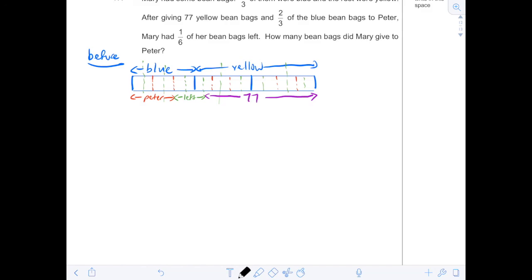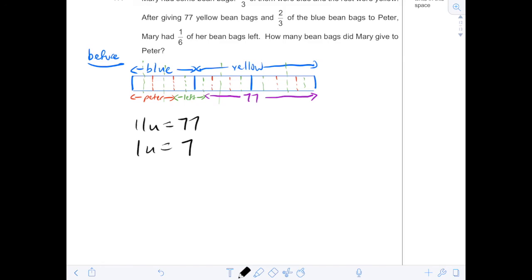And then we'll see that 77 is 1, 2, 3, 4, 5, 6, 7, 8, 9, 10, 11. 11 units will be 77. We can find what 1 unit is: just divide by 11, which is 7. Then from here, we want to know how many bean bags Mary gave to Peter.